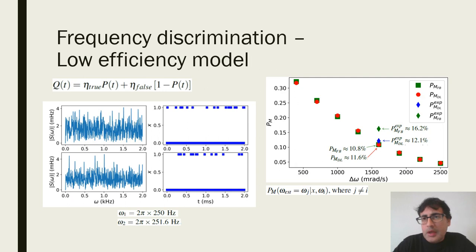But then we applied it to the experimental data, which are the diamonds, the blue diamond and the green diamond. The blue diamond corresponds to the deep learning, and the green diamond corresponds to the full Bayesian method, the maximum likelihood. And here we see the difference. The deep learning neural network performs better than the maximum likelihood test because in this case there is noise and we don't know exactly the noise model.